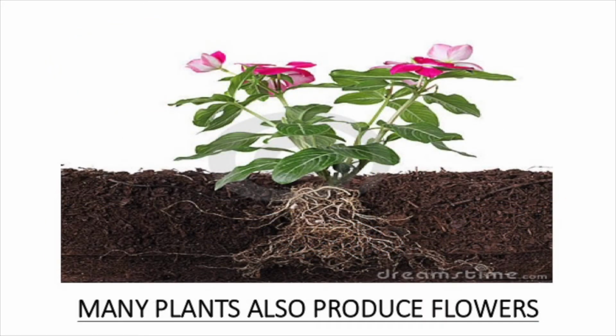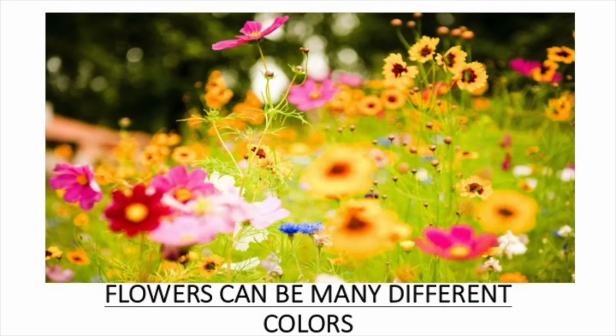Many plants also produce flowers, but not all plants. Some plants do and some don't. But you know a plant that produces flowers when you see all the pretty different colours, because that's what makes up the flowers. Flowers can be many different colours and very beautiful.